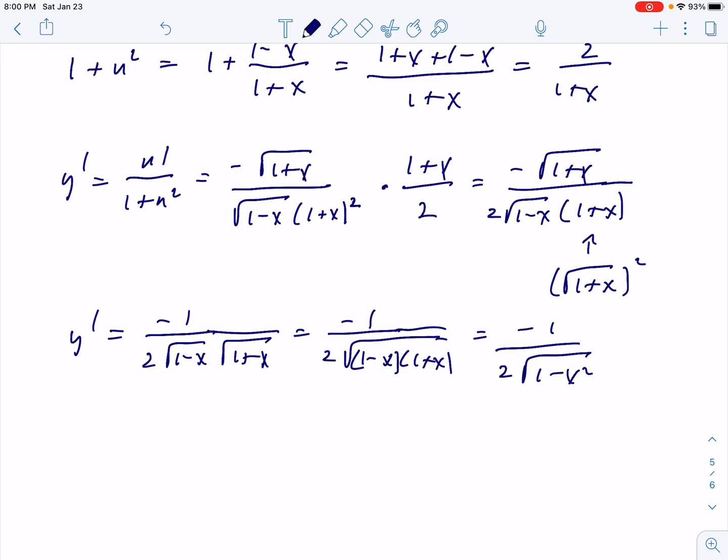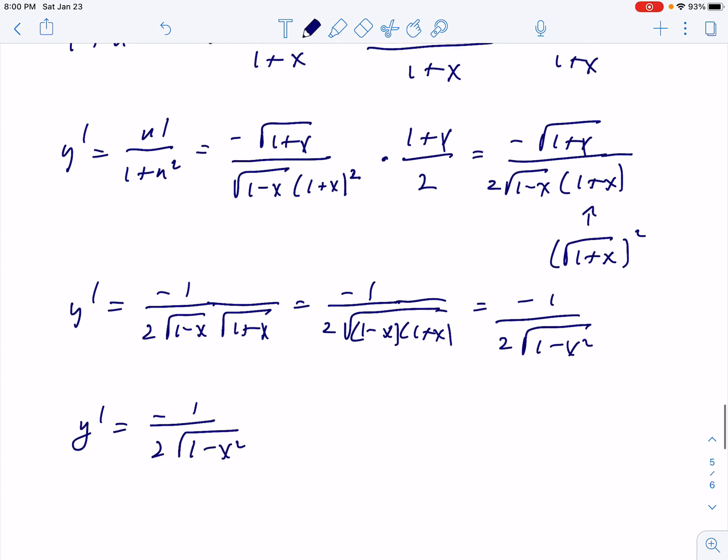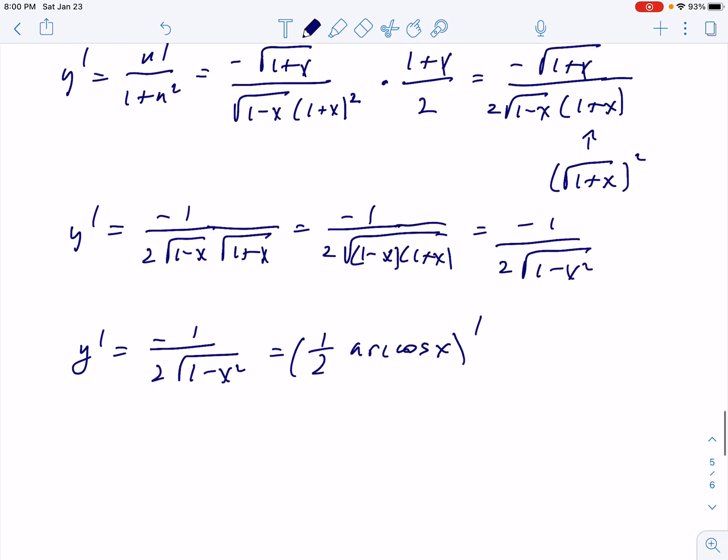I shall write this again. Our derivative is negative 1 over 2 square root 1 minus x squared. And this we can recognize. This will be the derivative of 1/2 arc cosine x. And we have two functions with the same derivative, which brings to another identity.